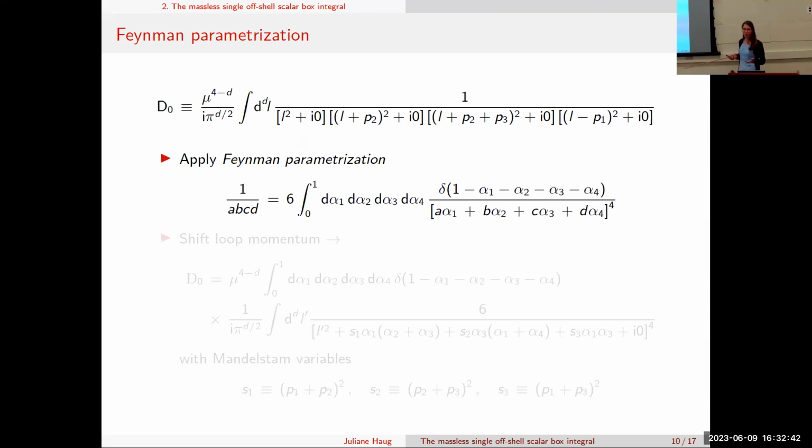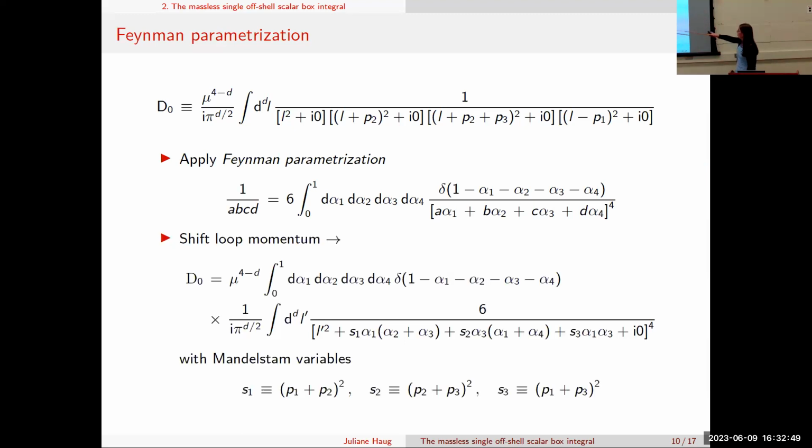The standard way is to apply this formula here, which is known as Feynman parameterization. This transforms the product of propagators into a sum of propagators. Then we can shift the loop momentum and get an integral of this form, where we have introduced Mandelstam variables.